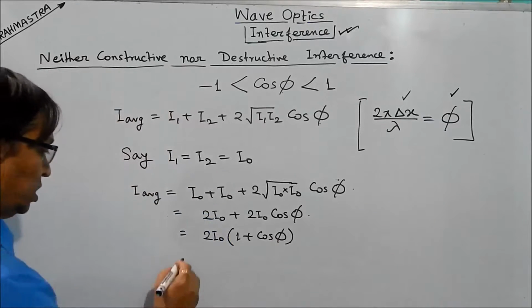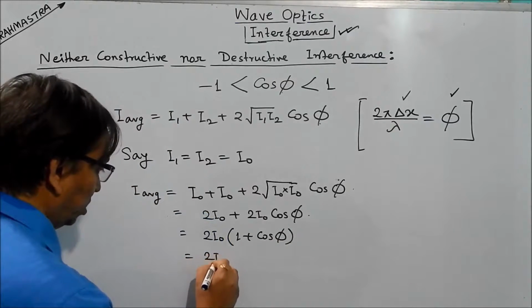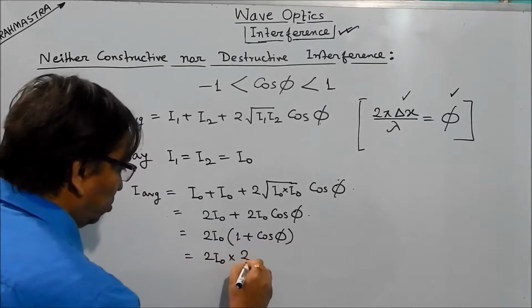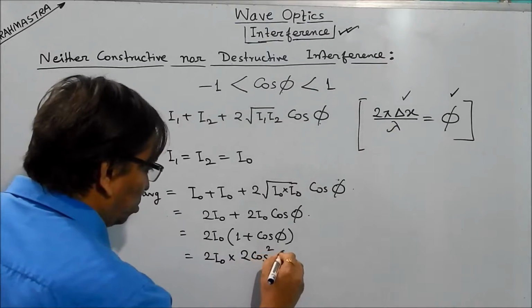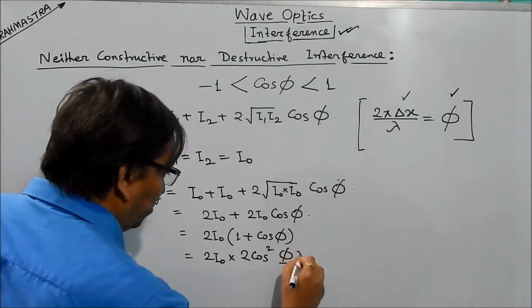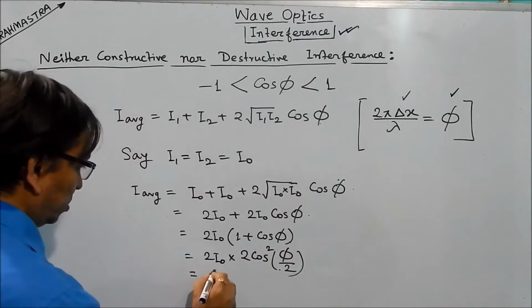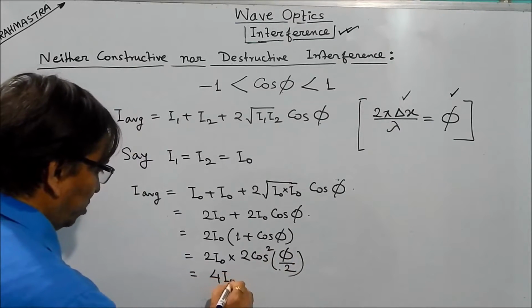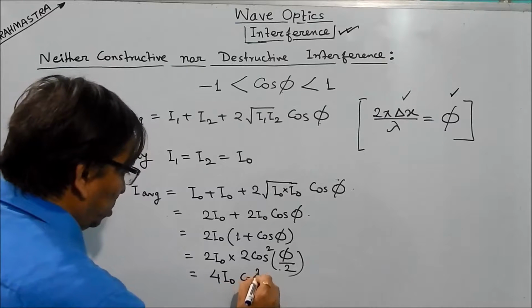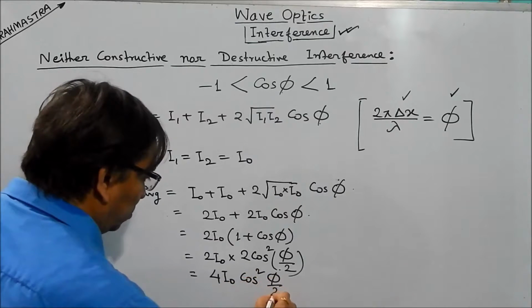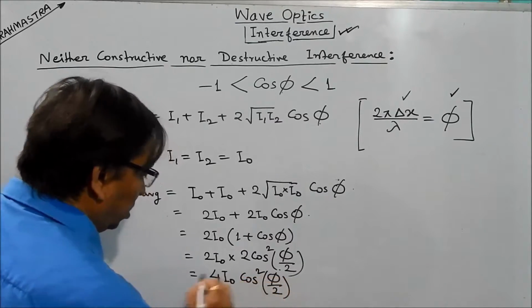If I use this, then I will get 2 I0 into 2 cos square phi by 2. So this will give 4 I0 cos square phi by 2.